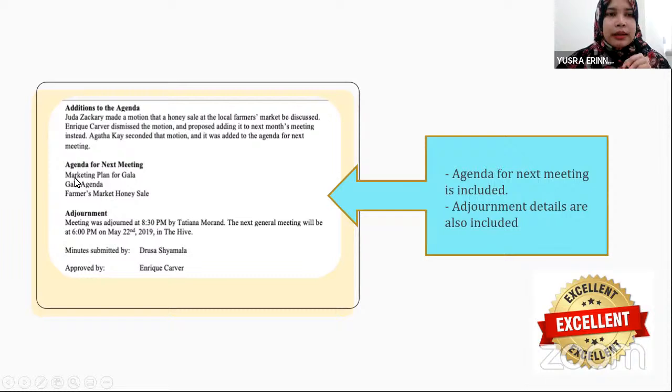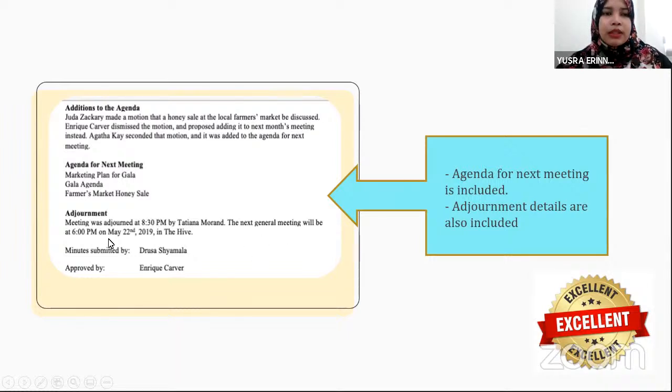And then this is what is planned to be discussed for the next meeting. If you have it, okay. If you don't have it, you leave it blank, or you just cut out this point totally. And then the last one is adjournment. The meeting was adjourned at 8:30 p.m. by Tatiana Morant. If there is any follow-up meeting, this is where you put it.